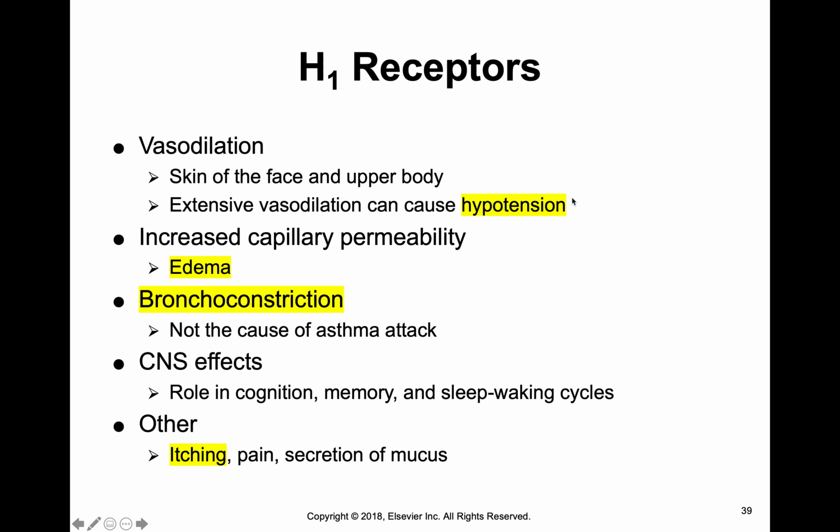Well, you get vasodilation, and that vasodilation, just like with blood pressure pills, can cause hypotension. It'll increase capillary permeability, which then leads to a little bit of pooling or edema. In the lungs, it can cause bronchoconstriction. In the CNS, it can cause some cognition changes and can disturb sleep. And it also causes itching, which is what we're probably most used to.